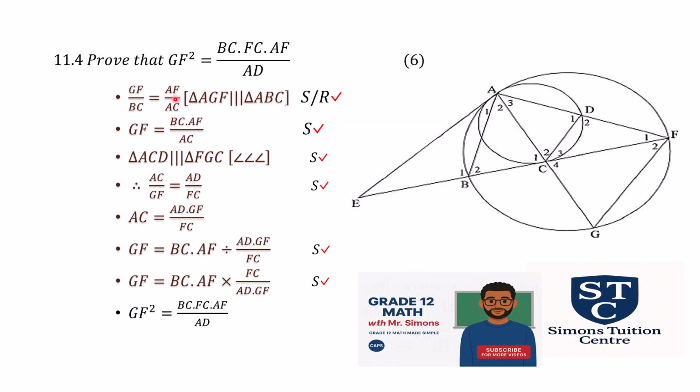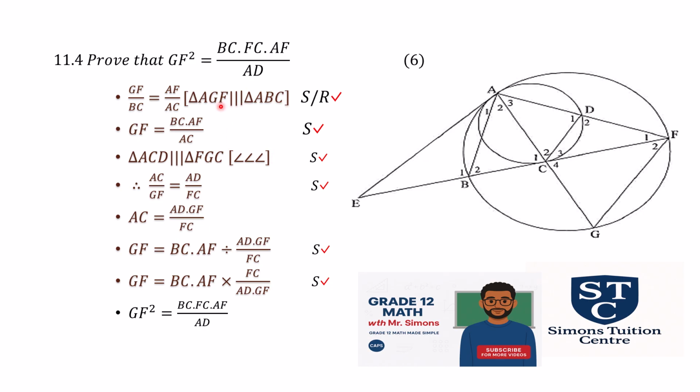Now they say we must prove that GF squared equals BC times FC times AF over AD. Remember we proved in the previous problem that triangle AGF is similar to triangle ABC.